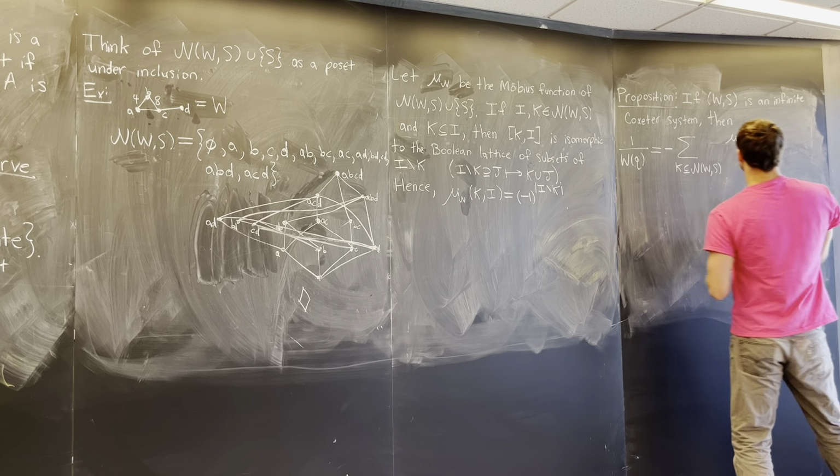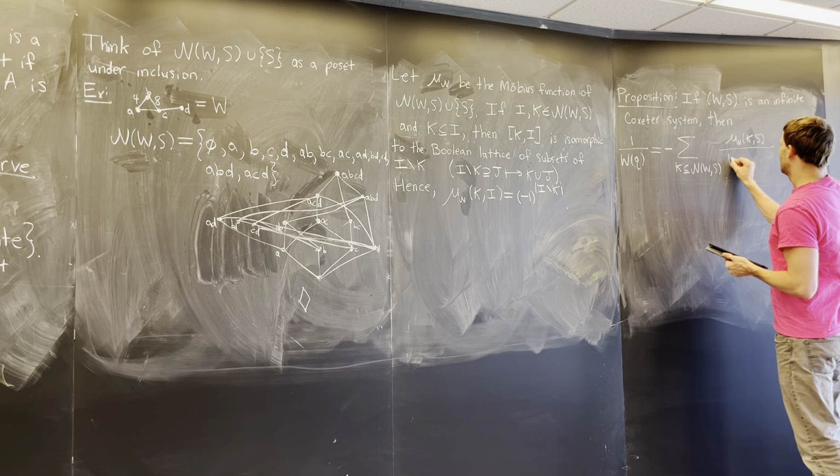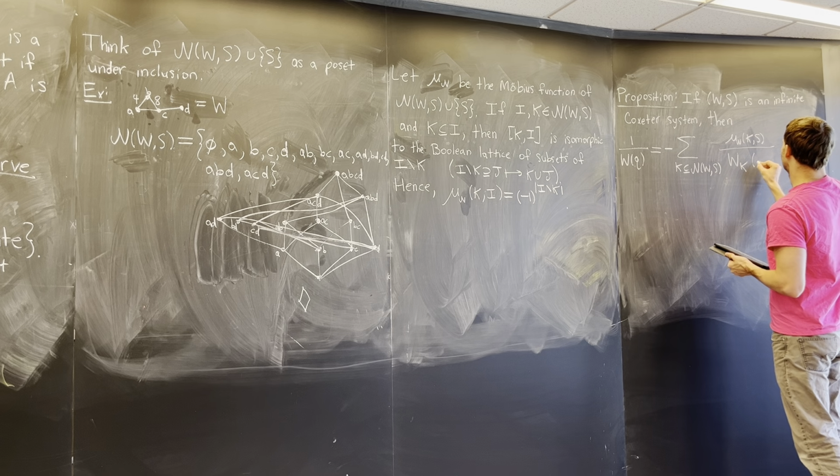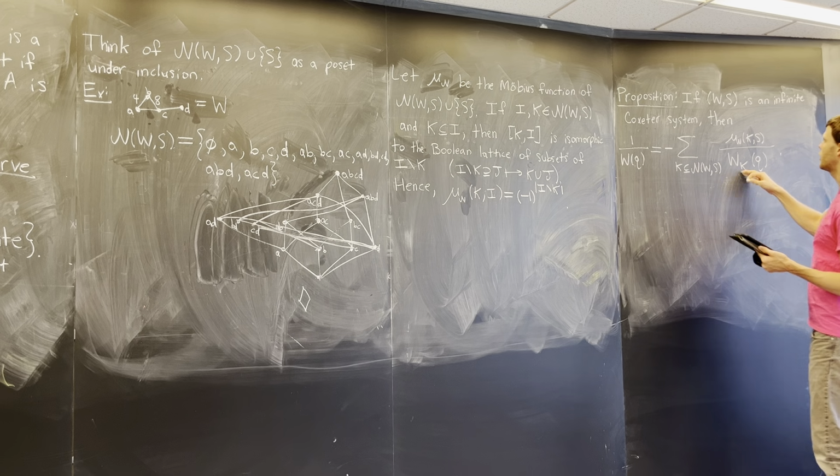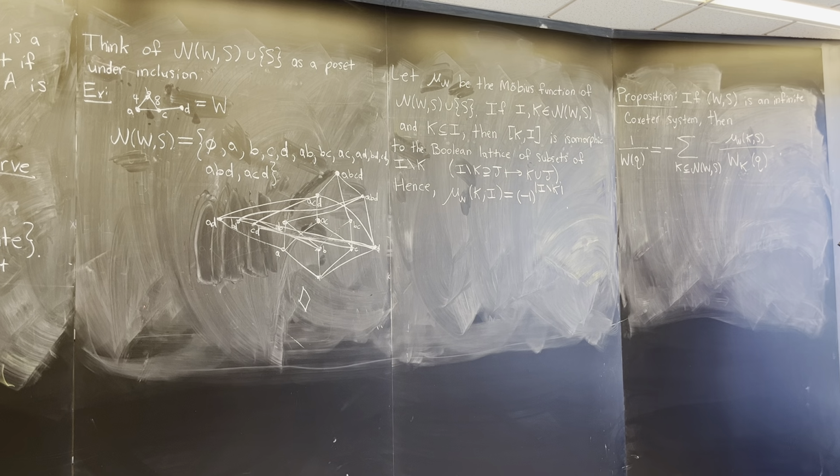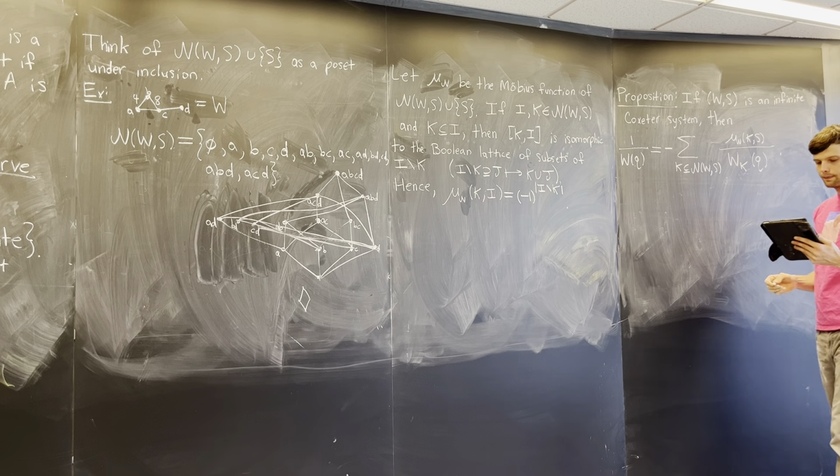So I have this Möbius value divided by WK of Q. This is the generating function that you get for the parabolic subgroup generated by K.